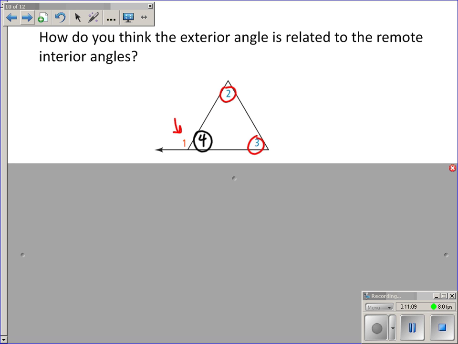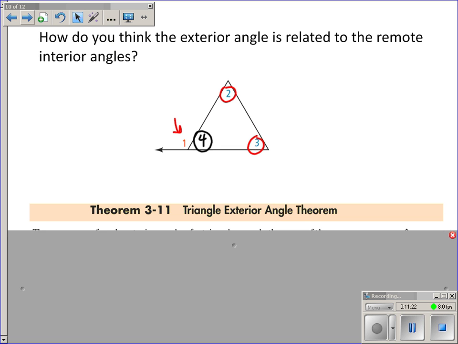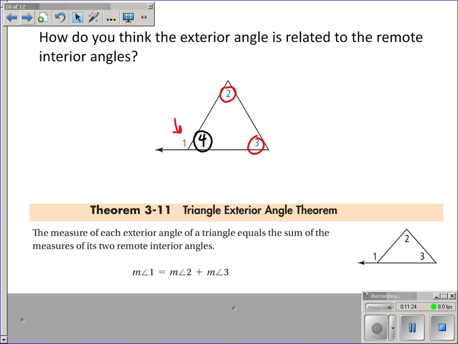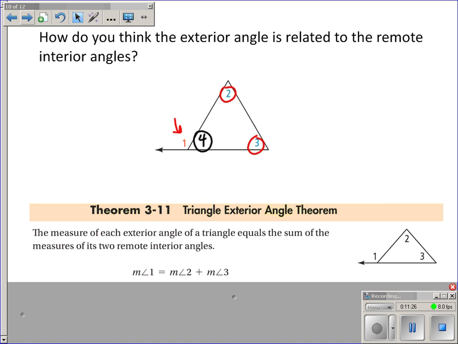Okay, also angle 1 and 4 add up to be 180 degrees. So if I take that and I subtract out angle 4 in both of those statements, I will find that the measure of angle 2 plus the measure of angle 3 is equal to the measure of angle 1, and that gives us the triangle exterior angle theorem, okay?